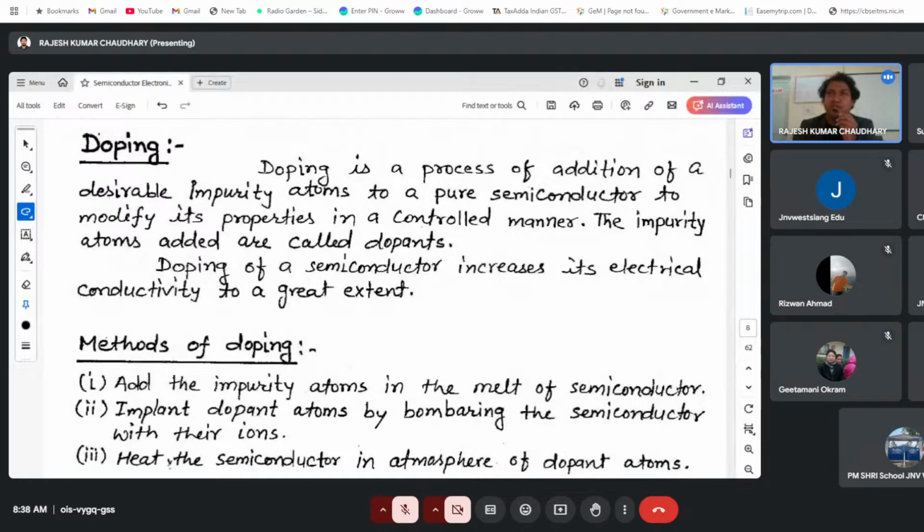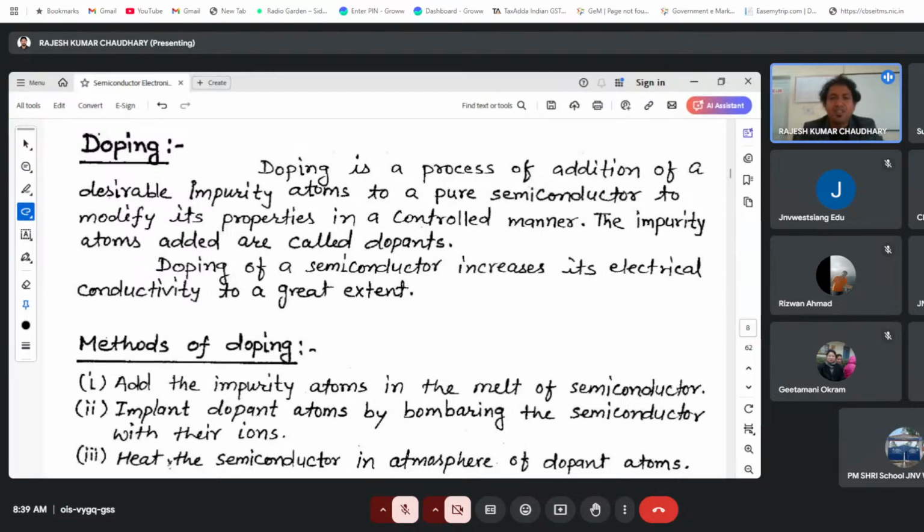So if they ask you a question, why make intrinsic semiconductor extrinsic, you can simply write: to make intrinsic semiconductor more useful, we have to dope it with deliberate impurity. The word deliberate should be used there.